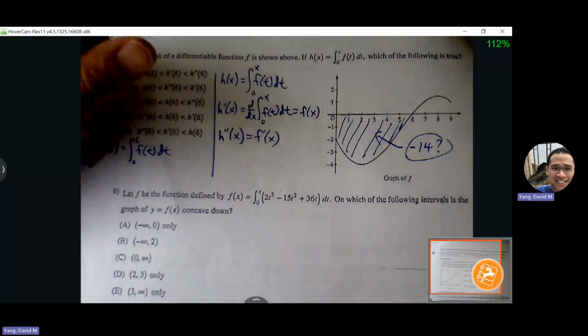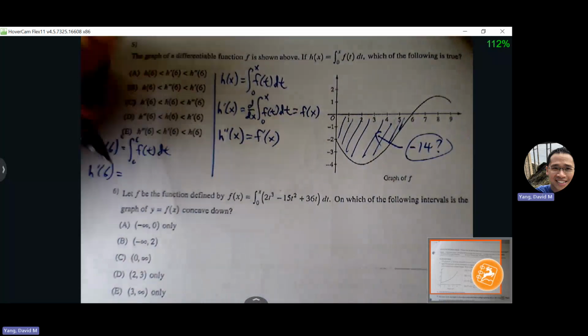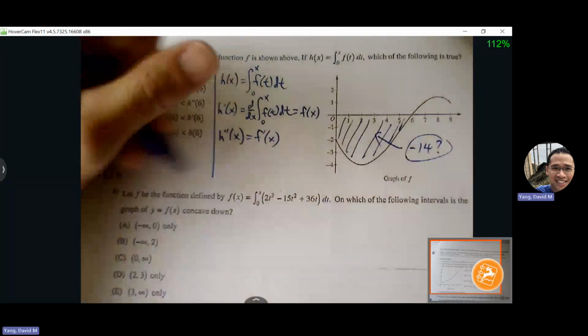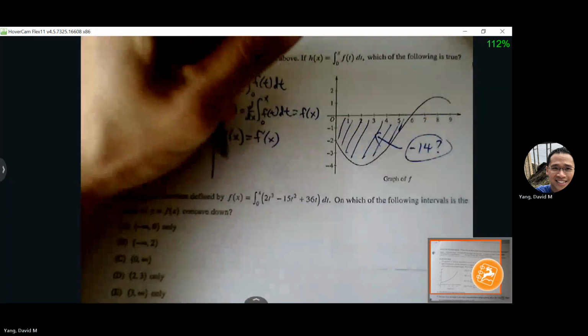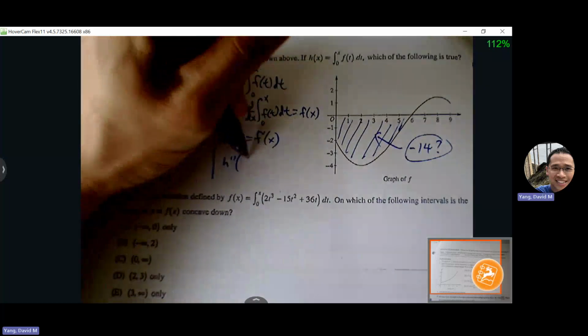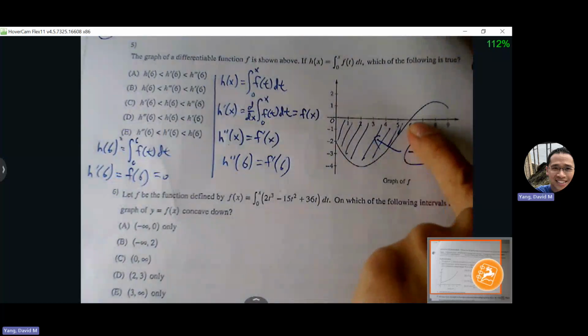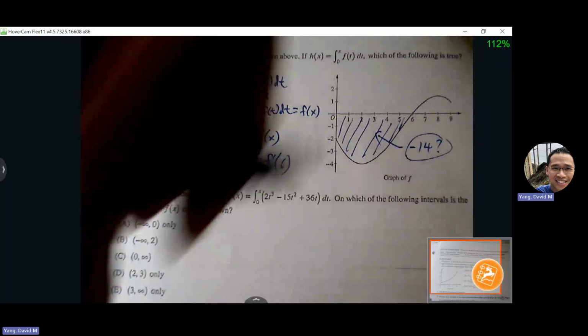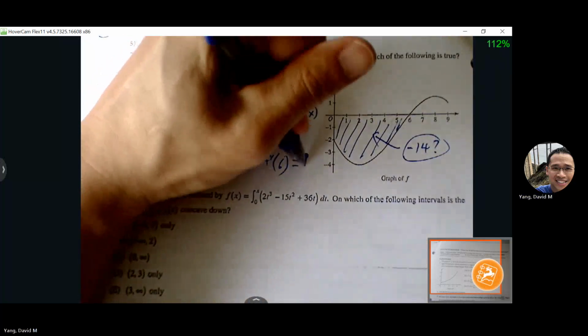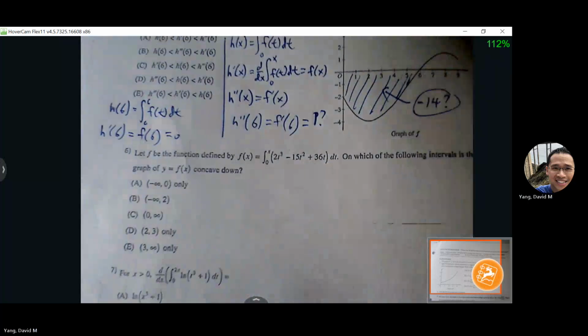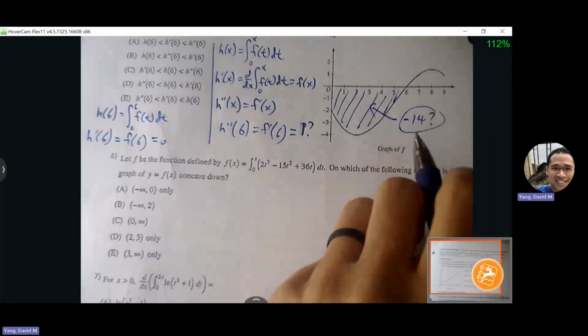Okay, what about h prime of 6? h prime of 6 is f of 6. What's f of 6? Okay, 0. And then h double prime of 6 is just f prime of 6. What do you know about f prime of 6? Positive, right? Maybe 1. I'm just guesstimating what that slope is.